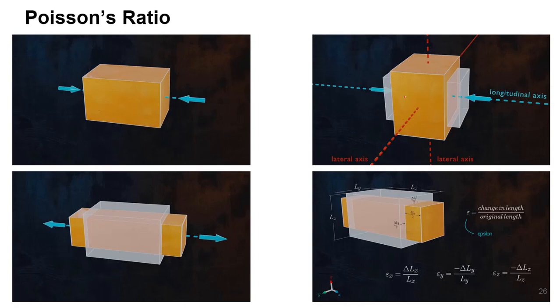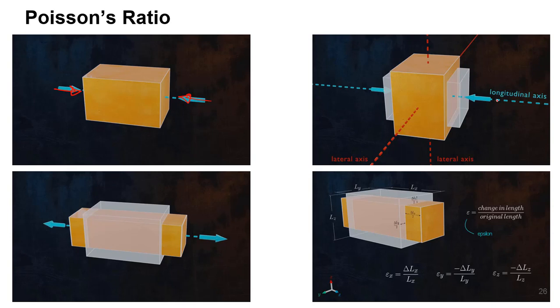Now let us see this particular topic, generalized Hooke's law. Before that, let us first understand what Poisson's ratio is. If we take a cuboid shaped material and apply a compressive force like this, the axis along which the force is applied is called the longitudinal axis, and perpendicular to it the other two axes are called the lateral axes.